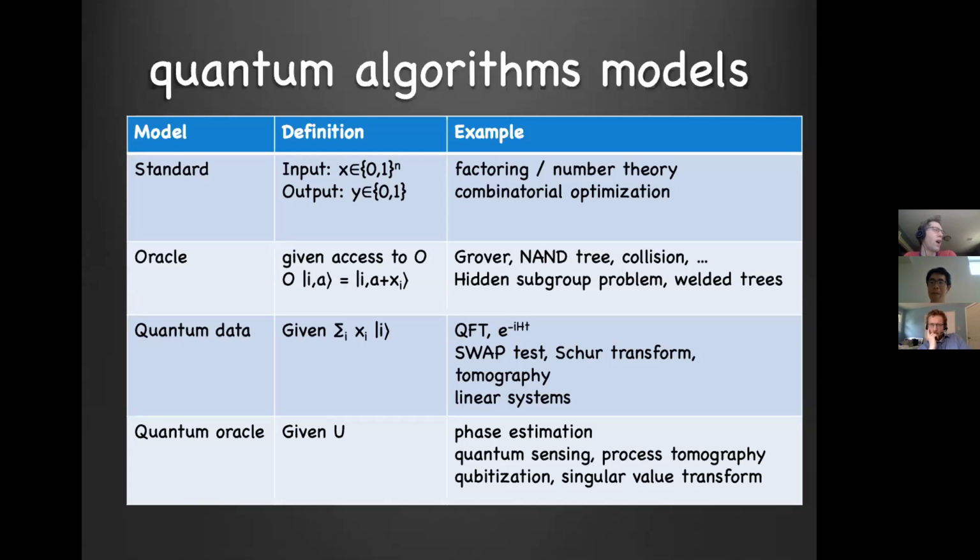And the quantum algorithms literature sometimes moves fluidly between these different input models. I think it's not made explicit enough often, so I just want to be very explicit about it at the beginning.